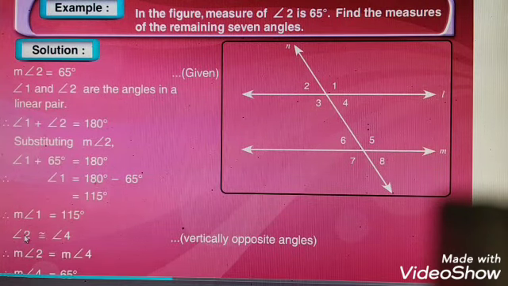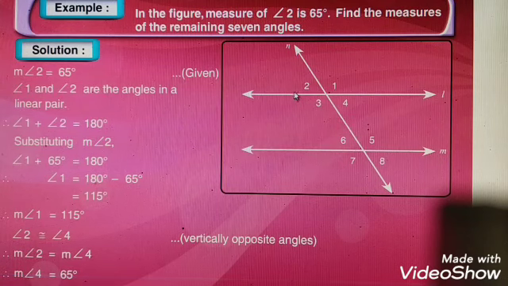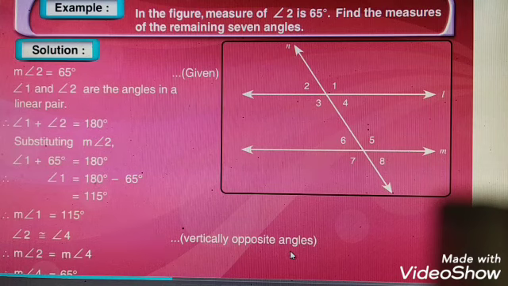Now, angle 2 is congruent to angle 4. The reason is vertically opposite angles. They are vertically opposite to each other. Therefore, they are congruent. That means the measurement of angle 2 will be equal to the measurement of angle 4.